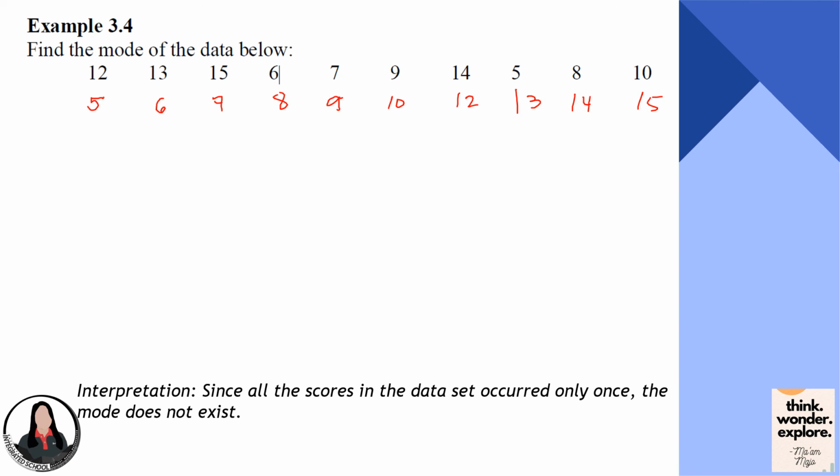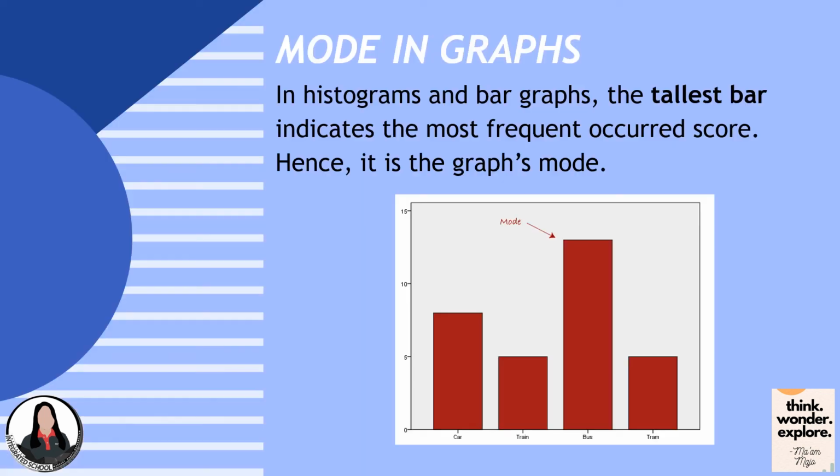Hindi nyo pwedeng sabihin that the mode is 0. Kasi ibig sabihin, kapag sinabi yung mode is 0, therefore, ang 0 ang pinakamaraming beses na nag-appear sa dataset. Kapag may mga ganitong pagkakataon na wala pong mode, kasi lahat naman sila isang beses lang nag-appear or same number lang yung frequency nila, then you can write sa inyong sagot na the mode does not exist.